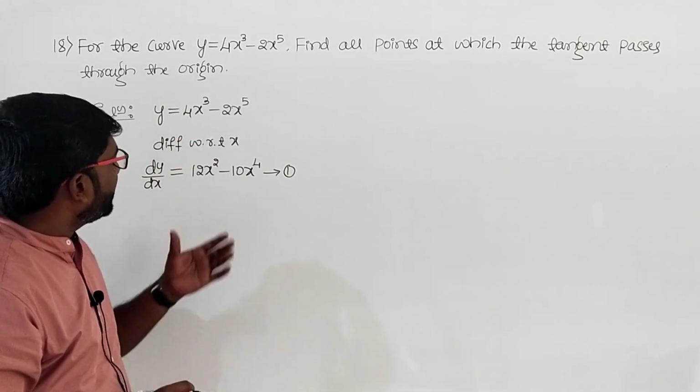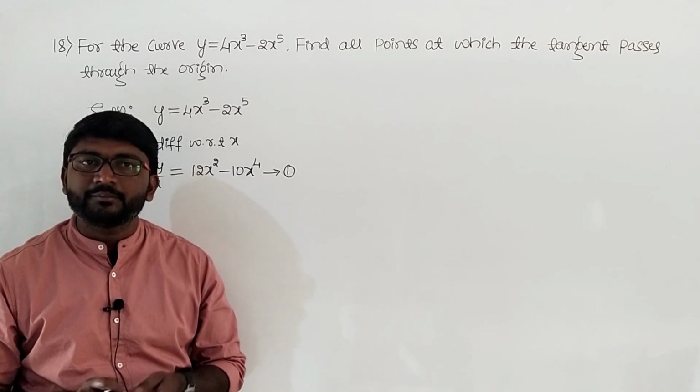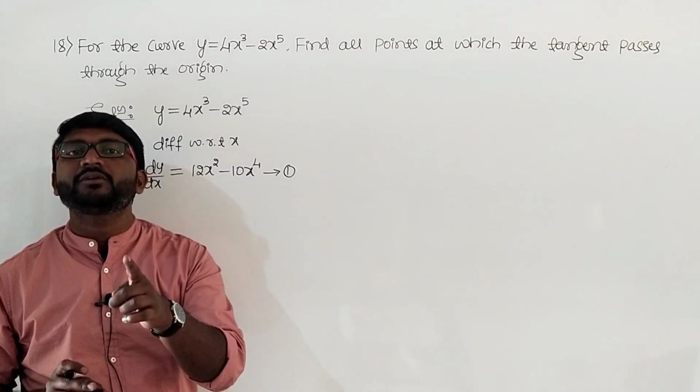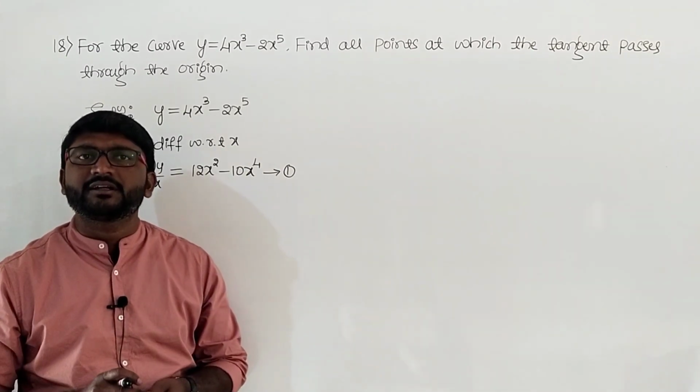Now we all know that the equation of a line passing through the origin having finite slope m is y equals mx. This we have studied in our earlier classes.